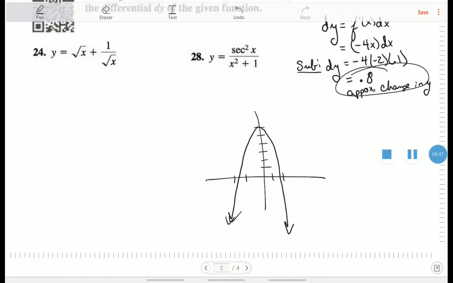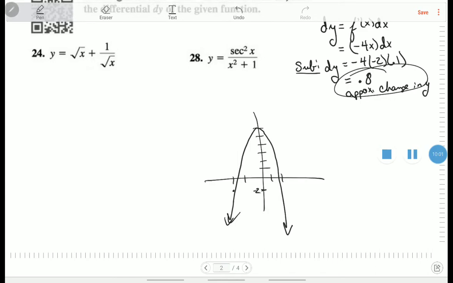So we wanted to look at what's going on around x equals negative 2. So at negative 2, that value is negative 2. So this is down here at negative 2. That's a point that's on the graph, (-2, -2). We want to know what's happening when we get really close there.